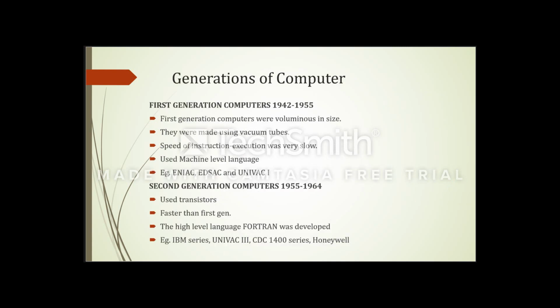The computer development took place in generations, you can say. The first generation, which marked from 1942 to 1955, used vacuum tubes and the computers were very large in size. They used machine level language, but their speed of instruction execution was very slow.